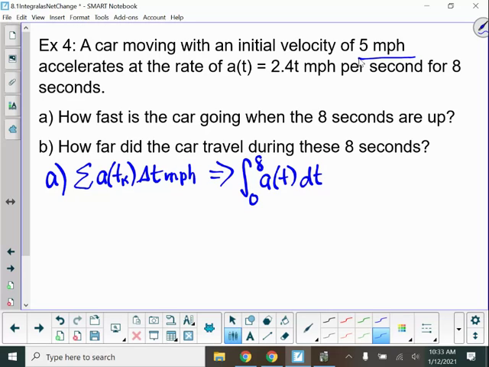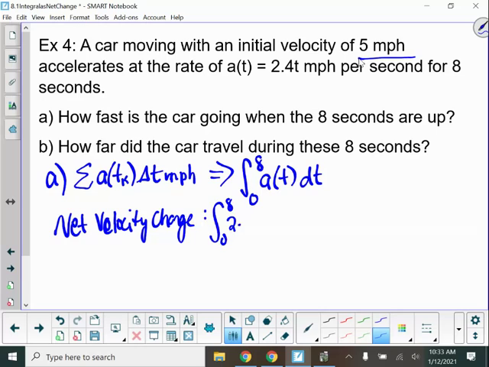Now, keep in mind, this acceleration from 0 to 8 is going to tell me my net velocity change.